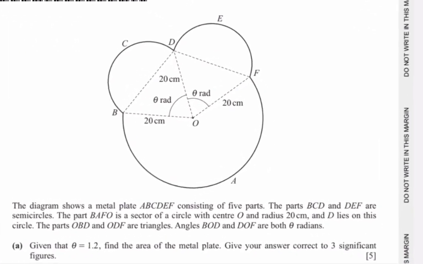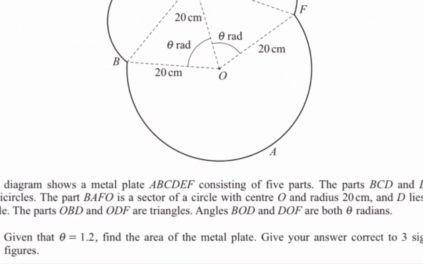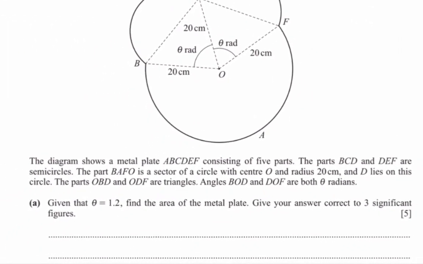And moving on to the 7th question. This is a pretty long one. The diagram shows the metal plate A, B, C, D, E, F consisting of 5 parts. The parts B, C, D, and D, E, F are semicircles. The part B, A, F, O is a sector of a circle with center O and radius 20 centimeters.